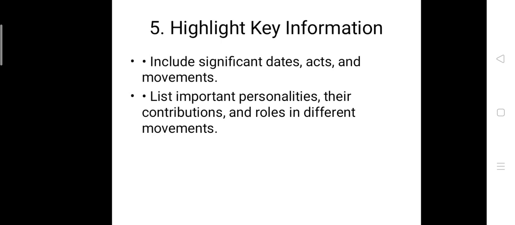Focus on these keywords whenever you are reading and come across dates, acts, facts, or movements, and the lists of personalities and how they contributed in that era. You can remember the role of different persons in different periods and how they contributed in the freedom struggle.